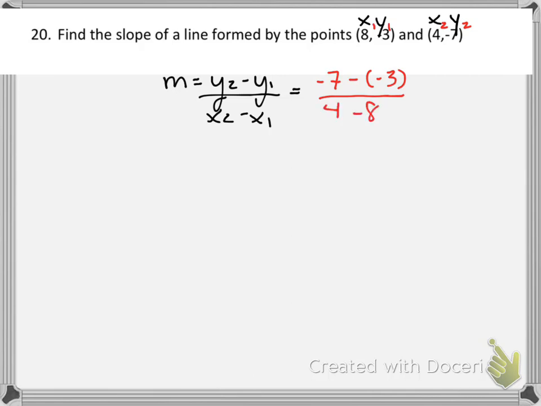Now be careful, guys, and watch your signs here. This becomes -7 plus 3, and then 4 minus 8 is -4. -7 plus 3 is -4. So I have -4 divided by -4. That is positive 1. I would also accept positive 1 over 1, because a lot of people are more comfortable when their slope is a fraction, so that they have a rise and a run. Either way is fine.